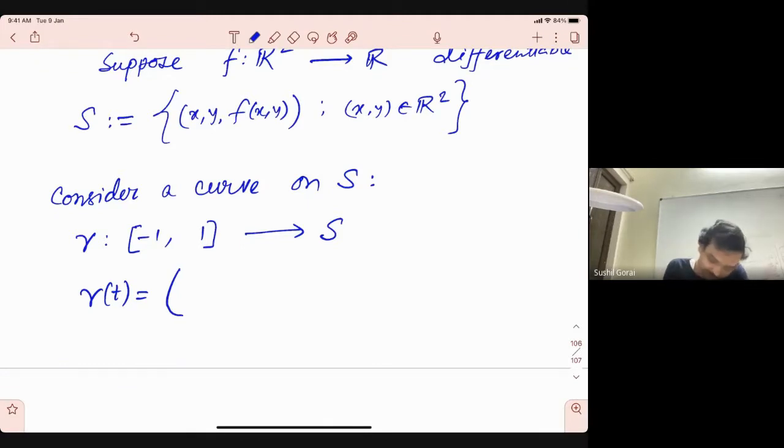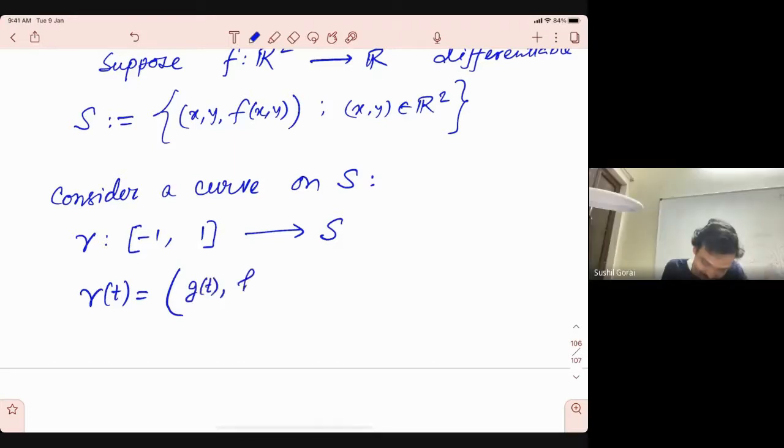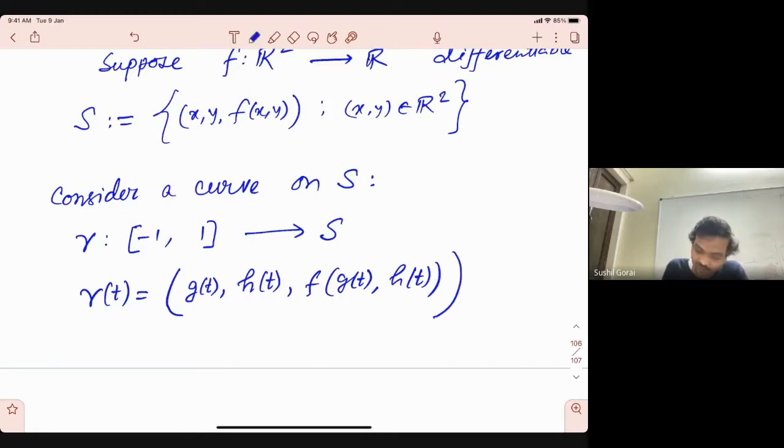So it will be something like this: some x of t, y of t, f of x of t, y of t. The same thing, yes: g(t), h(t), f(g(t), h(t)). Because unless you have this, a curve going to 3 dimensions, here you don't need this f.